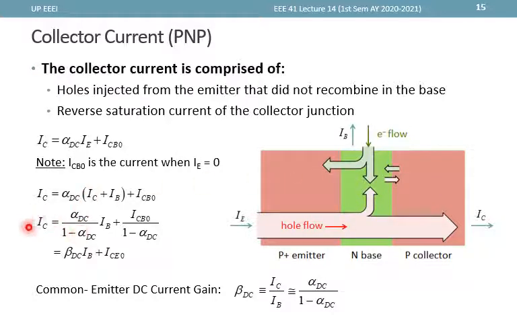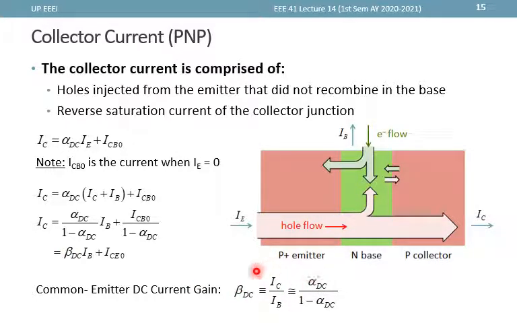And here we were able to relate IC and IB, and we define this term here, alpha DC over 1 minus alpha DC, to be equal to this beta DC.